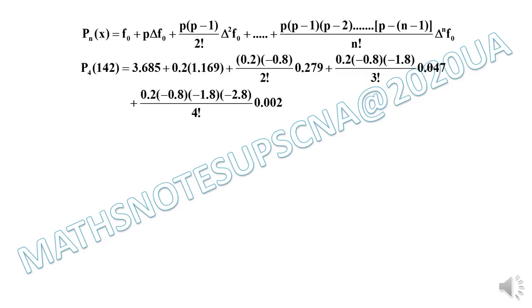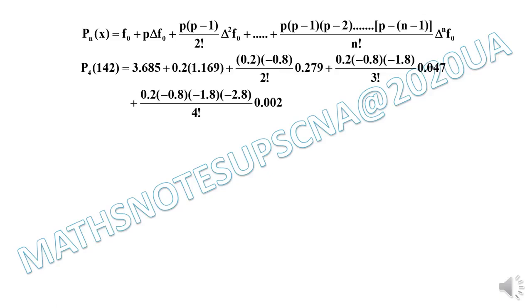So this is the formula which we have derived in the previous slides. Here F0 corresponds to pressure, and small p we have calculated, which comes to 0.2 in the previous slide. ΔF0 is the first order difference, Δ²F0 is the second order difference, and so on. So we substitute the values here and we get this expression.